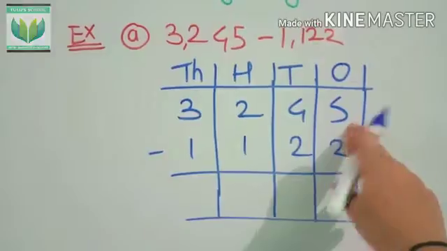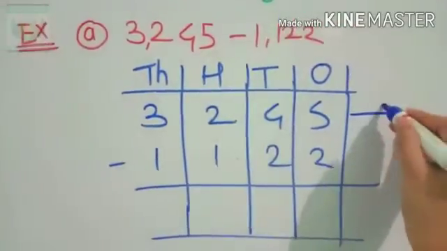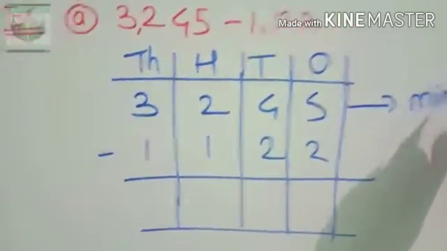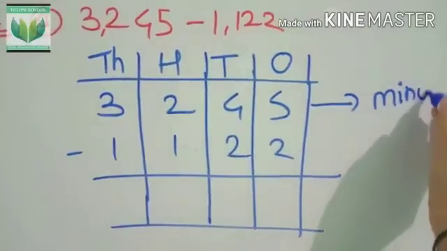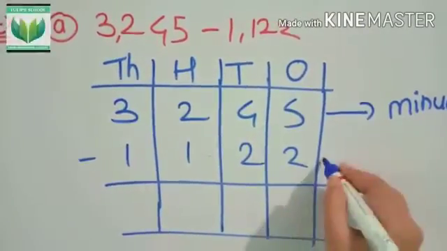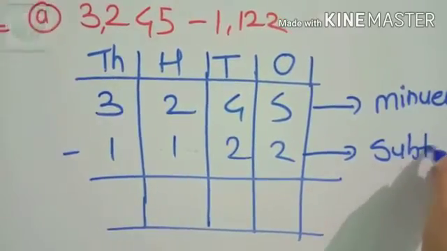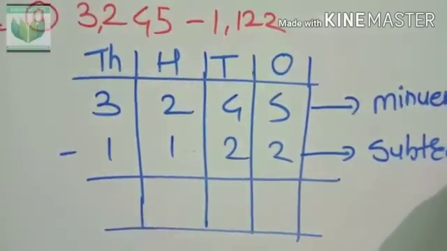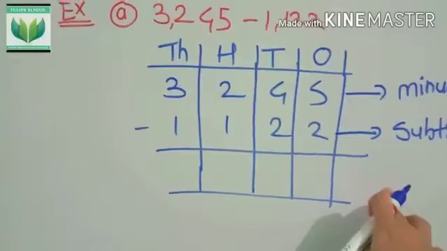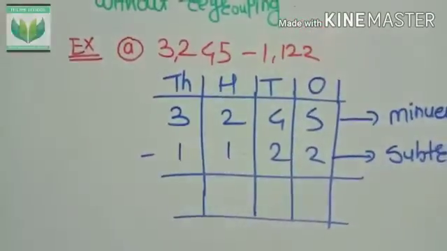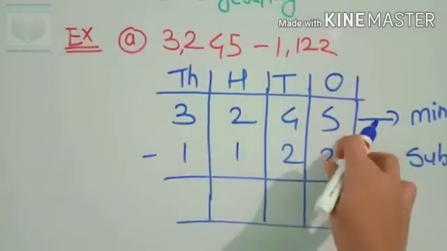This is called what? Minuend. And this number is called the subtrahend. We have to take out the difference between the two 4-digit numbers. Okay. Now let's do 5 minus 2.